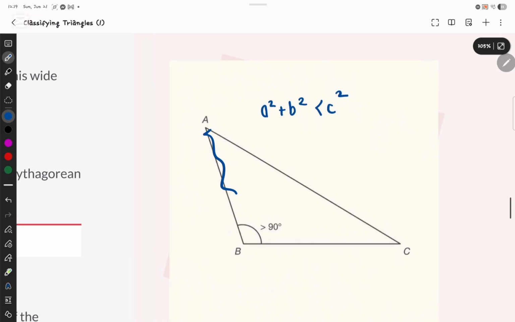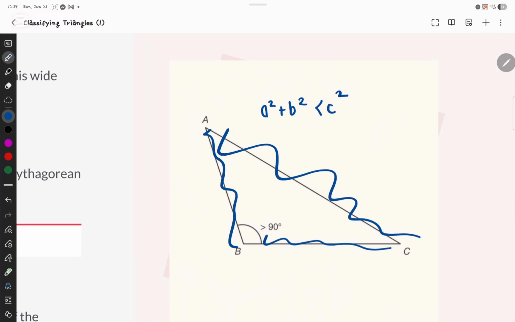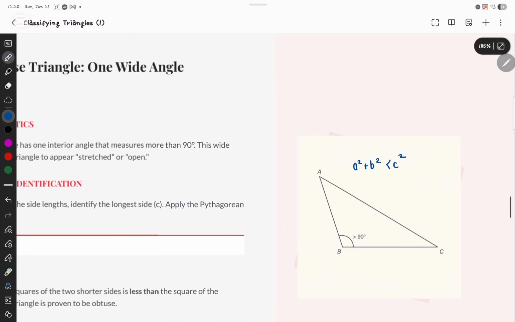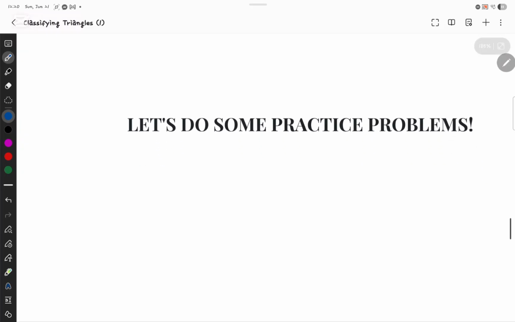If these two sides are smaller than this big side here, obviously it's going to form a large obtuse angle in between. As you can see in this diagram, the hypotenuse is so big and these two legs are so small that it forms a big angle to enclose the triangle, right? Logically, that makes sense. So let's do some practice problems.